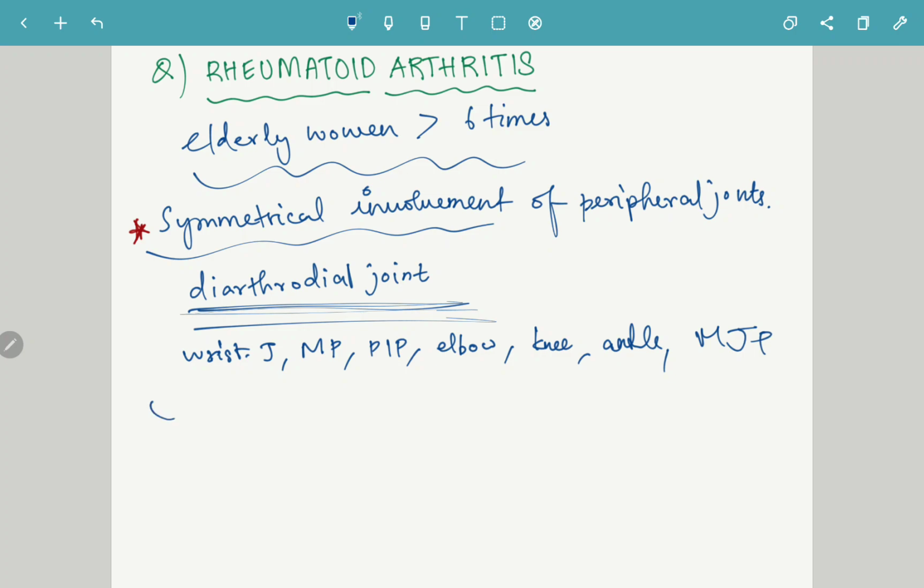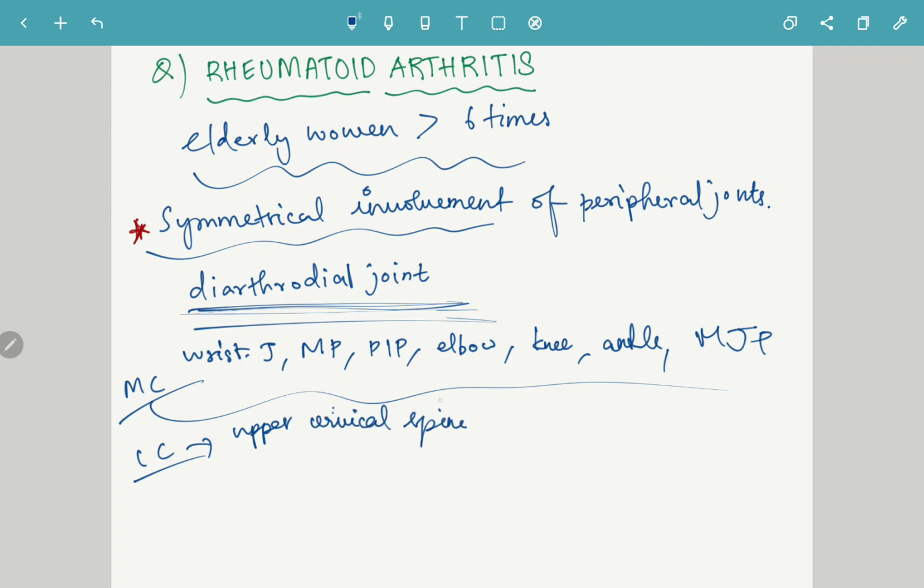So all of these are very commonly involved joints in rheumatoid arthritis. Less commonly, the upper cervical spine is affected.